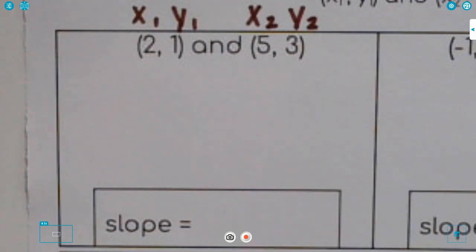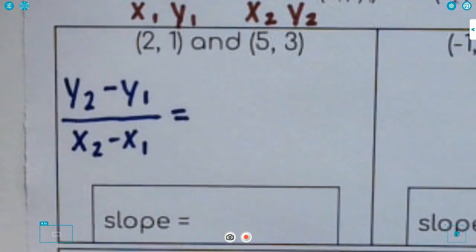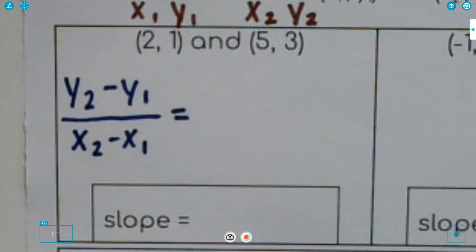I'm gonna write down our formula so we know exactly what we're plugging in. So it's Y2 minus Y1 over X2 minus X1. So our Y2 value, what is our Y2 value? 3.